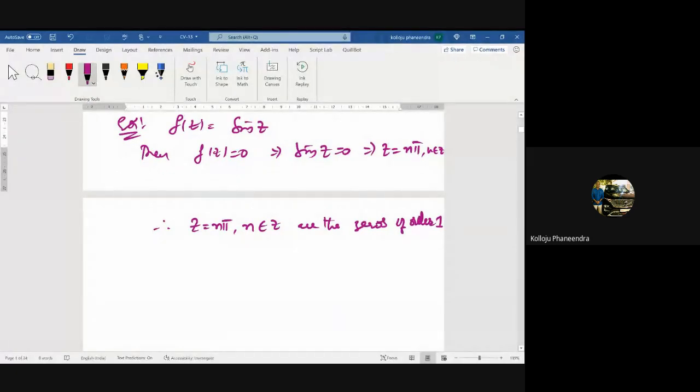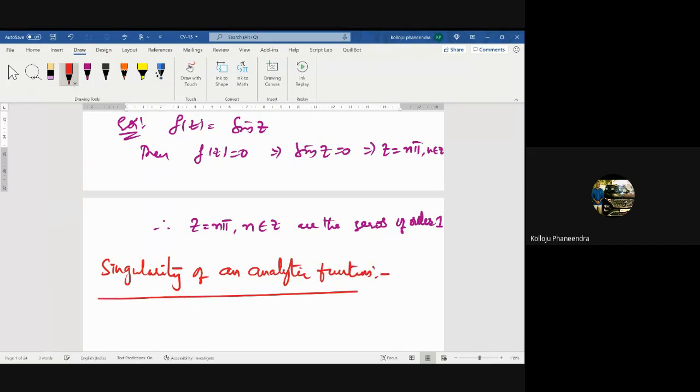Next one is singularity, singularity of an analytic function. Already you know what is meant by singularity: the function is not analytic at that point.